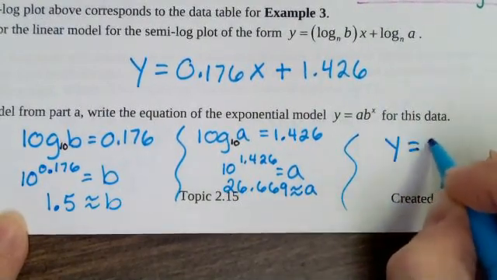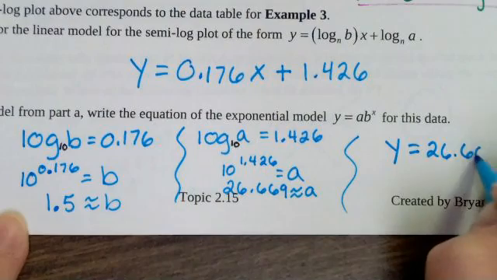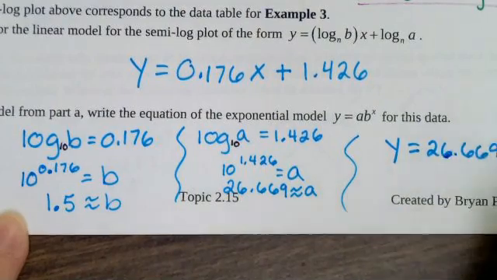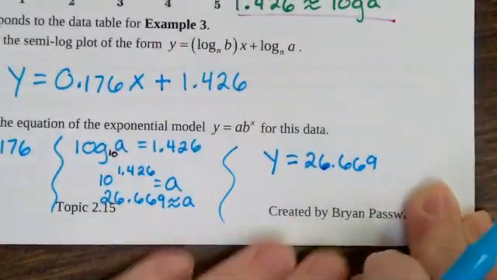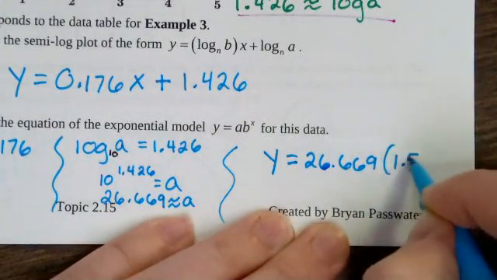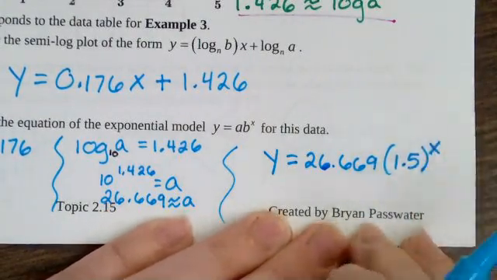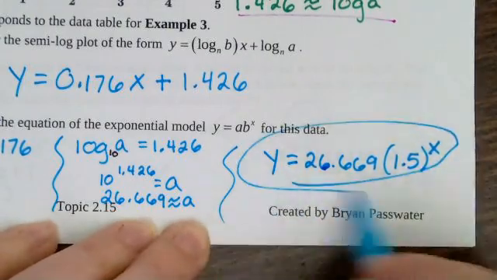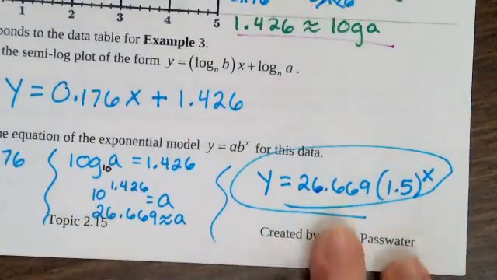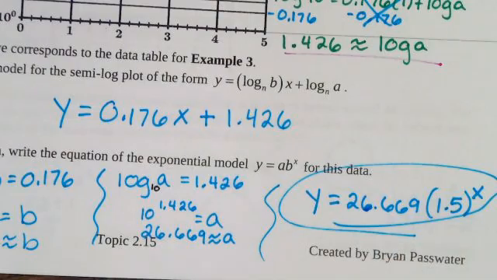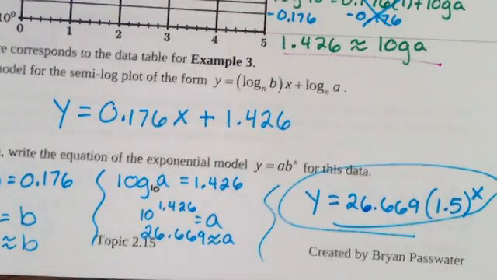Y equals a, which was 26.669, and then we're going to say times b, which was 1.5, to the x. This is the exponential equation to represent that data.